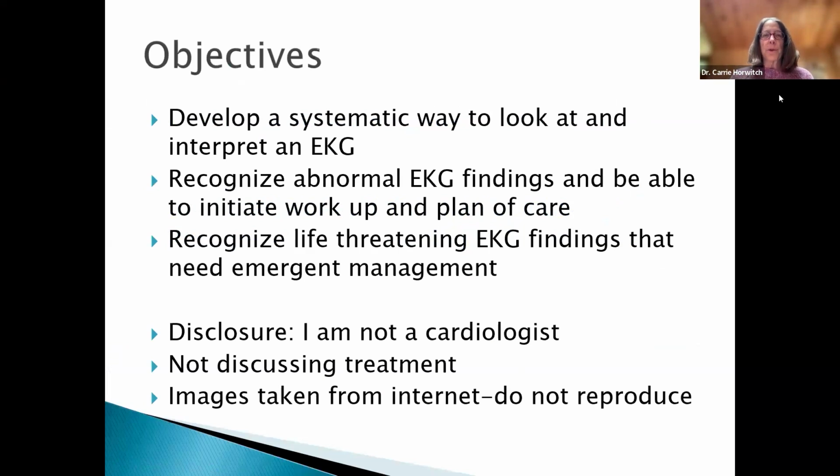So I'd like to go through what my systematic way is, and hopefully that will work for you. It's also important to recognize when an EKG is really abnormal and what kind of abnormalities you should be looking at, which can help inform your workup and your next plan of care, as well as recognizing life-threatening EKG findings where you would need to call 911 and get that person to a higher level of care as soon as possible.